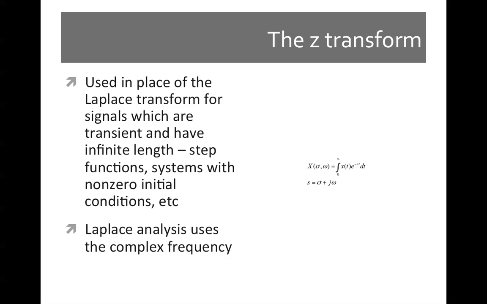And the Laplace transform is also used in a number of other applications. It tends to give better representation of signals that are step functions, signals that have non-zero initial conditions, and some other times that we would prefer to use the Laplace transform. Because the Laplace transform is taken in continuous space, when we go to discrete space, instead of the Laplace transform, we take the Z transform.